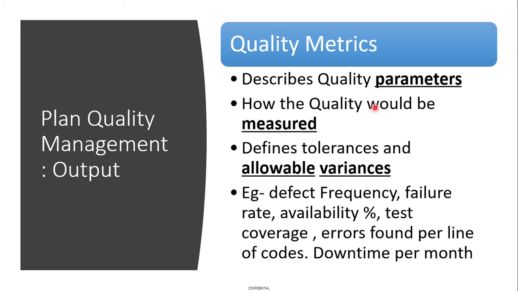So these quality parameters can be decided at this stage. These are the quality parameters that we will be calculating, and this is where we will be benchmarking ourselves. And also the tolerable limits, the control variances. We are going to say 5%, 10%, how much you are going to tolerate out of these quality parameters can be decided at this planning stage.